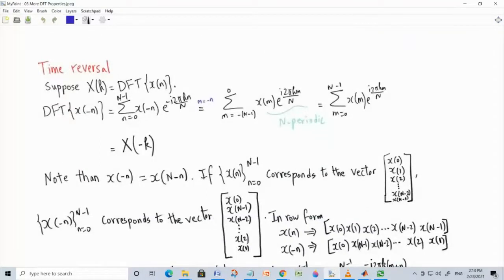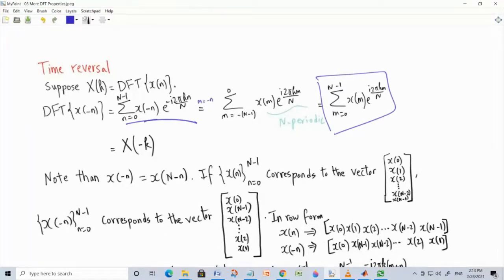Other properties. Time reversal. So what is the DFT of x of minus n? Same story. Write down the definition of the DFT. Use the index small m equals minus n. It will change the limits of summation, but then you are summing something that repeats every big N, so no problem. I mean, you can shift the indices by making them from 0 to big N minus 1, and you get this summation. So what is this summation?